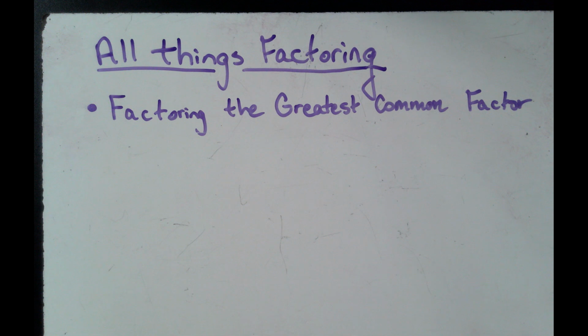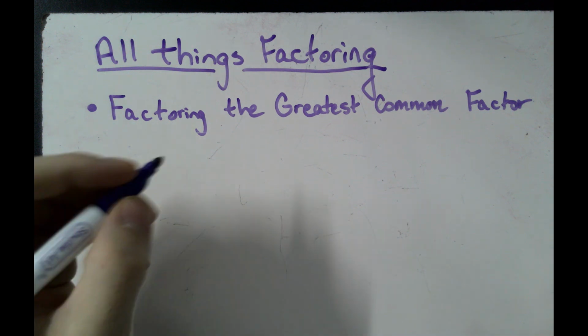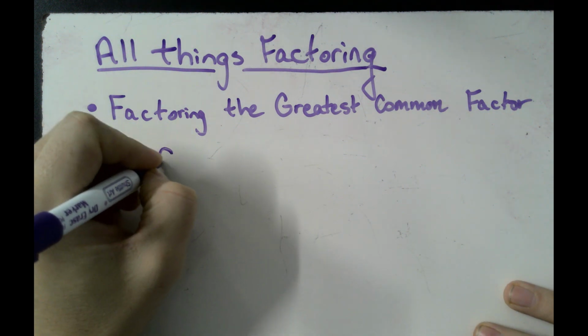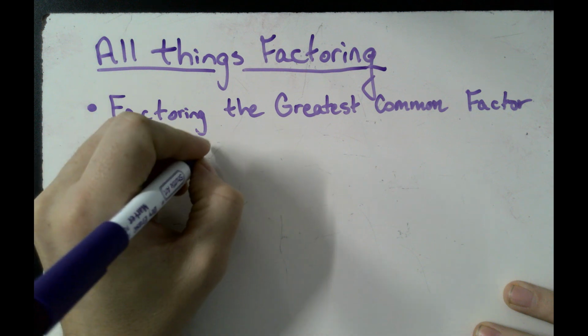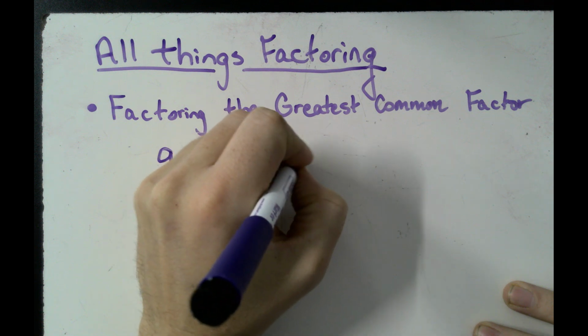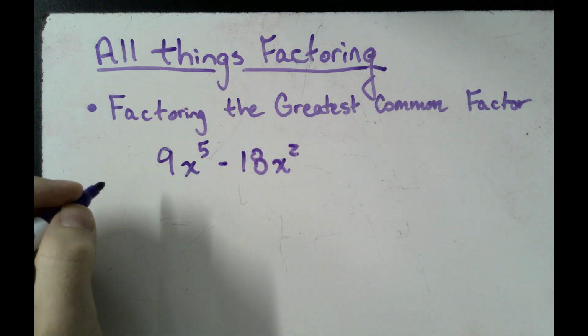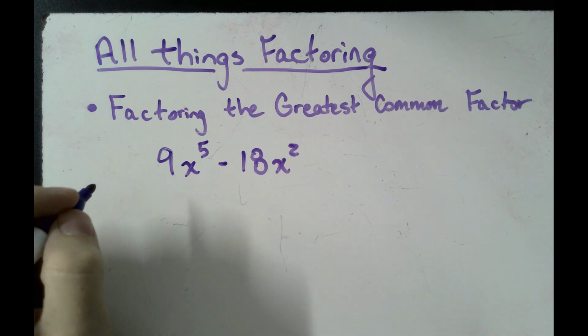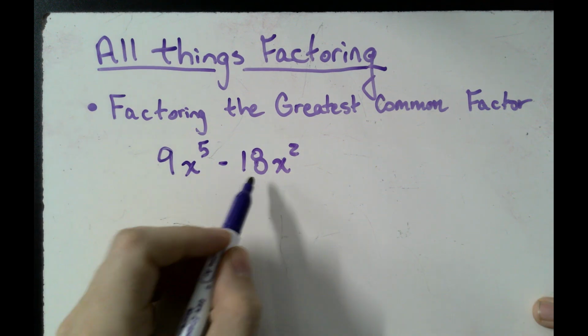Now, for our GCF, if we're just taking a look at any sort of GCF problem, let's take a look at maybe 9x to the fifth minus 18x squared. So we're going to make sure that we're checking out the numbers first.